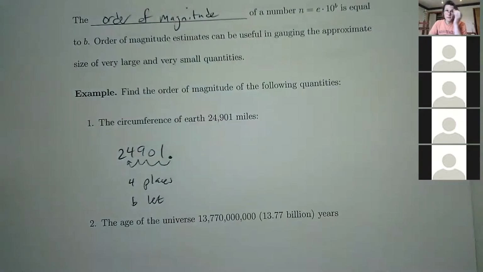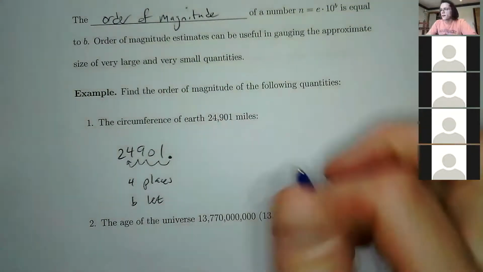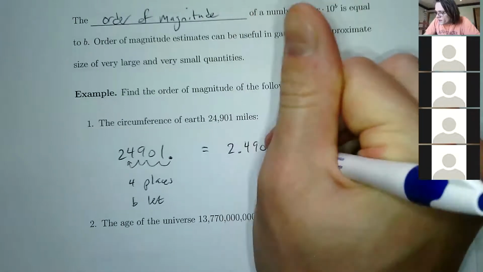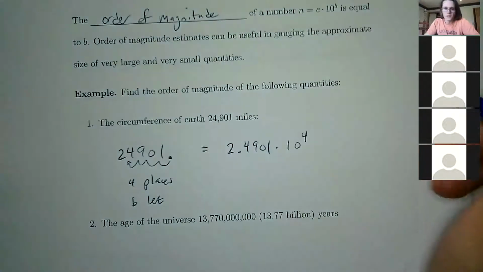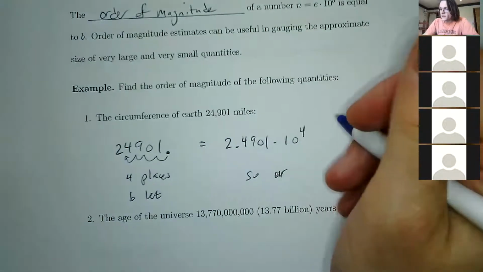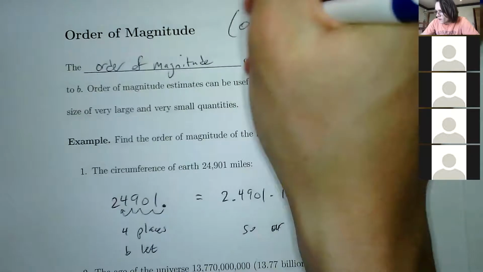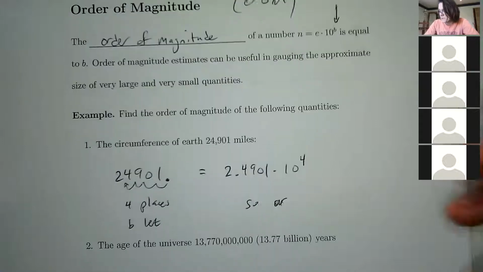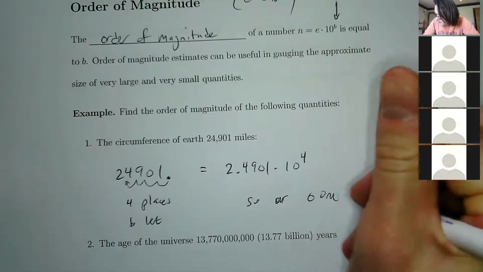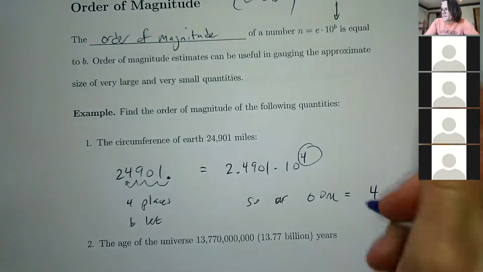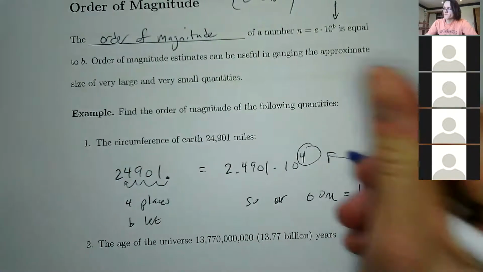And remember, when we go to the left, we get positive powers of 10. So I can rewrite this as 2.4901 times 10 to the 4. So the order of magnitude, and I'm just going to call it OOM, I guess OM would probably be better. Usually you don't put an of in an acronym, but it's probably okay. So order of magnitude equals 4. It's that number there. All right.